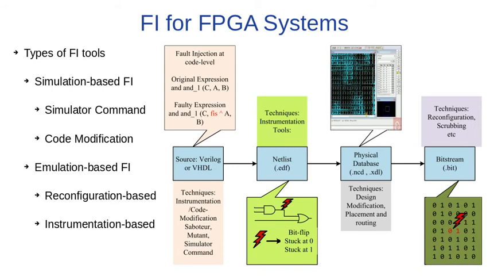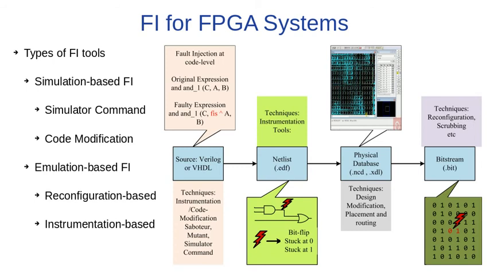Simulation based fault injection is divided into two techniques, called the simulator command technique and the code modification technique. In the simulator command technique, different simulation commands are used to change values and see the response of those faults in the system.